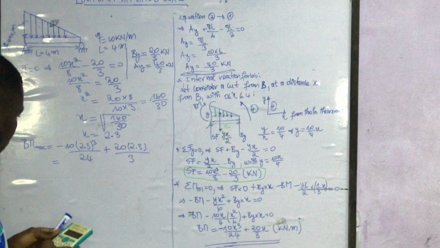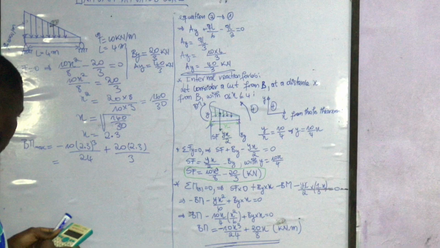So you have BM max, which is the maximum bending moment, equal to negative 10 times 2.3 cubed over 24, plus 20 times 2.3, which is x, divided by 3.